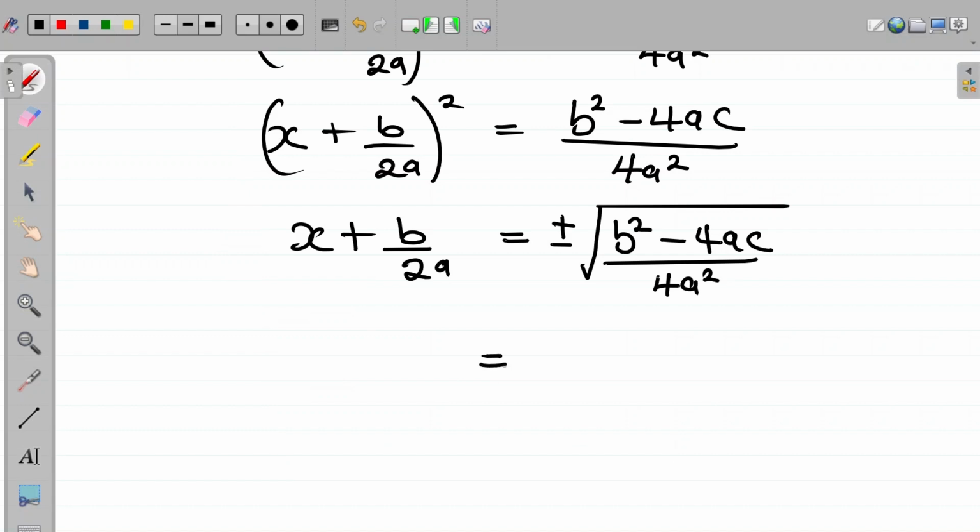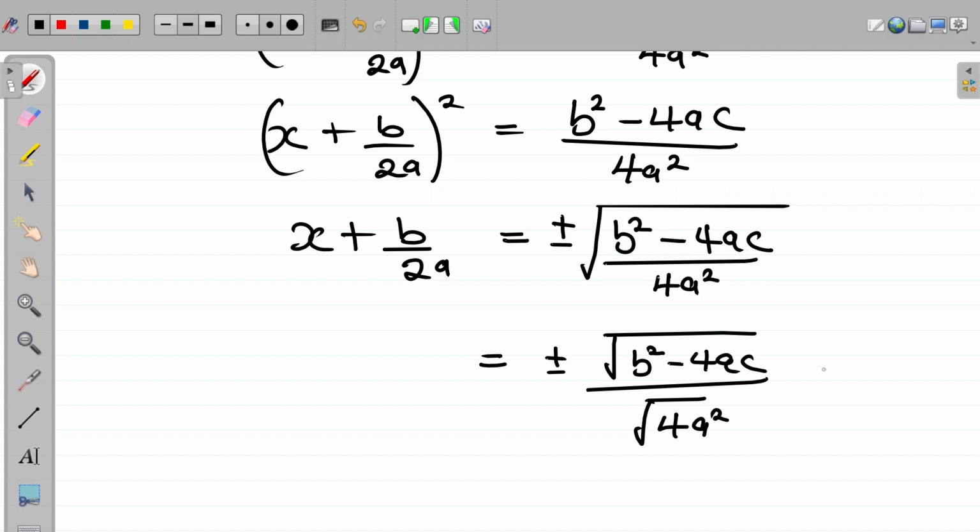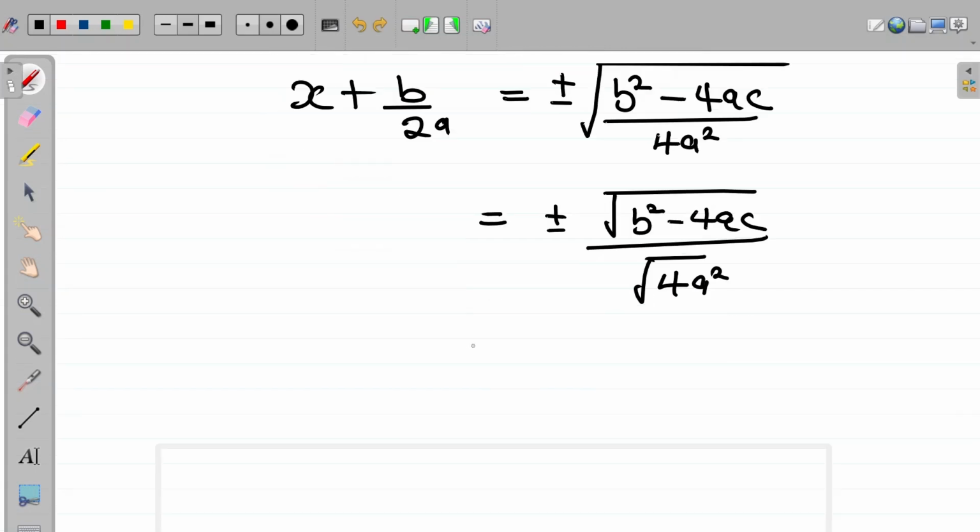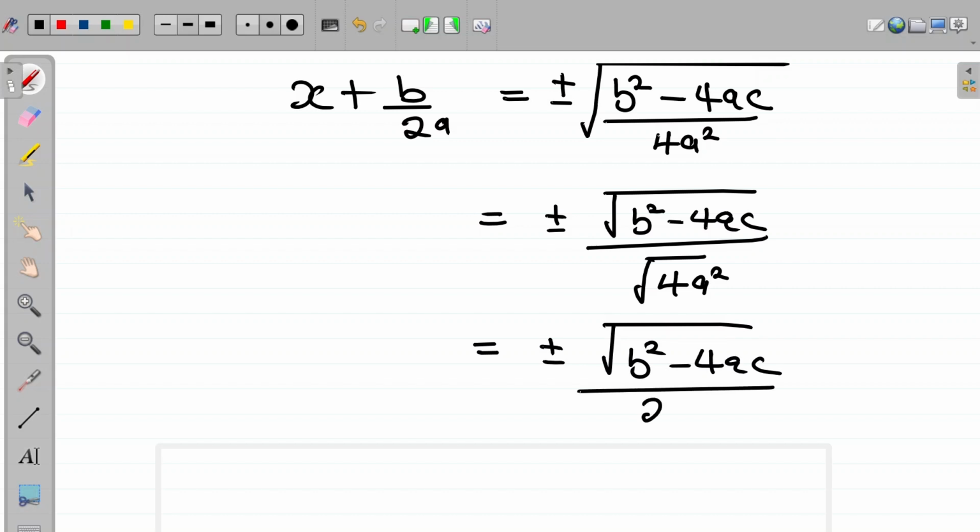First, our right hand side becomes plus or minus root of b squared minus 4ac divided by root of 4a squared. So our equation becomes plus or minus root of b squared minus 4ac divided by 2a. And we bring down the expression in our left hand side.